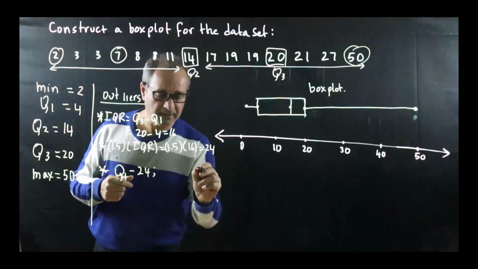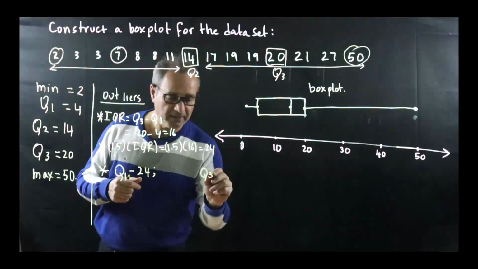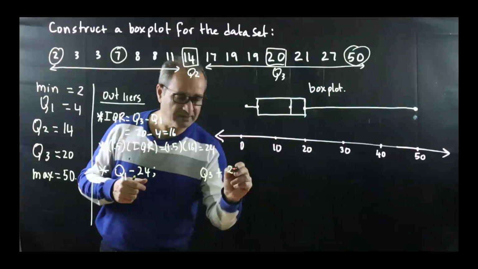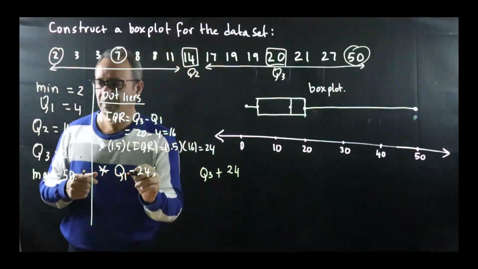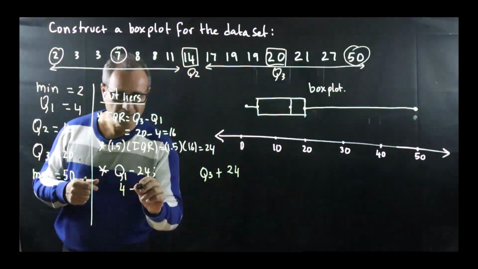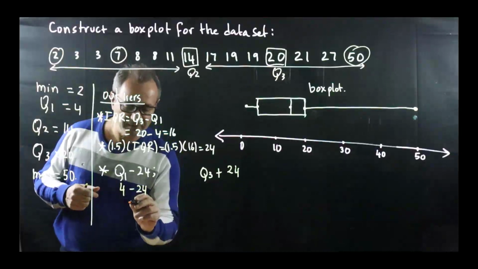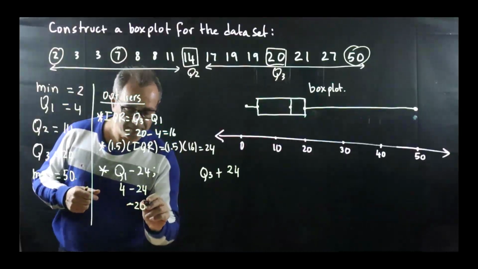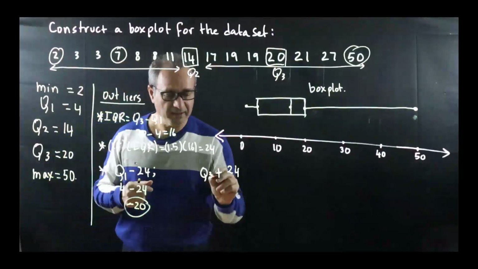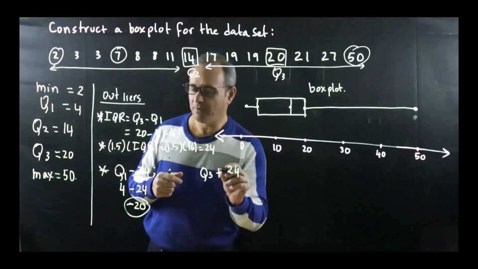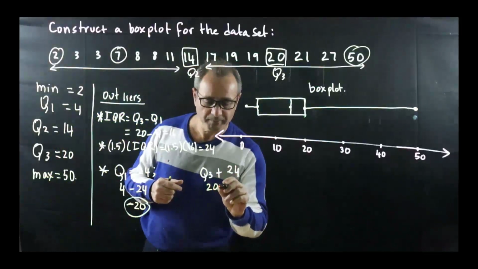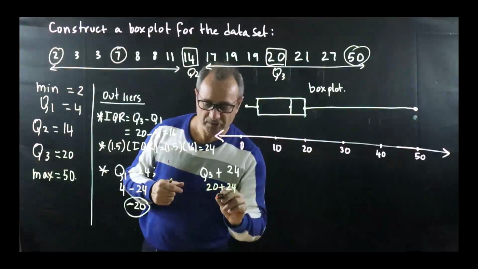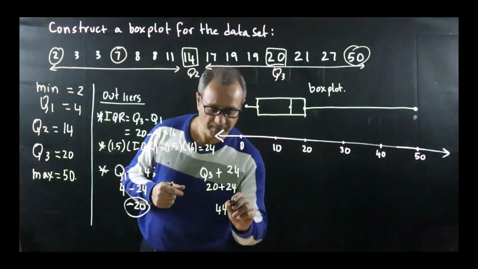And you also take Q3 and add the number that you found in step 2. Q1 is 4 minus 24, so that should give you negative 20. And then Q3 plus 24, Q3 is 20 plus 24, that should give me 44.